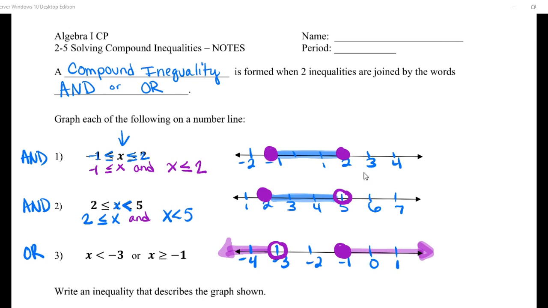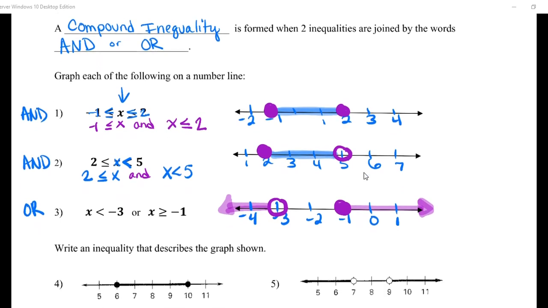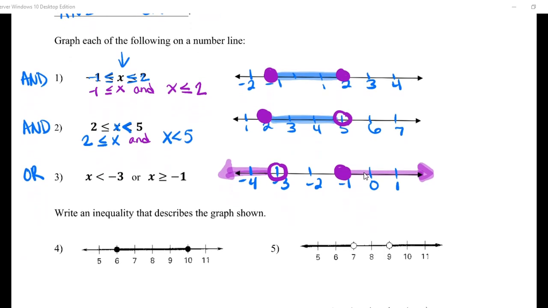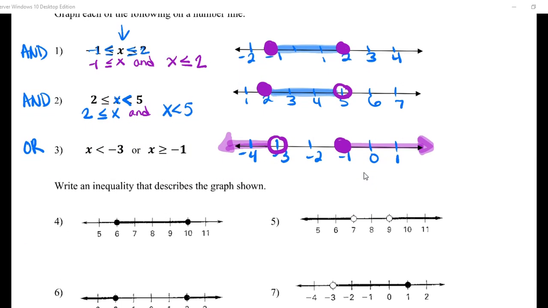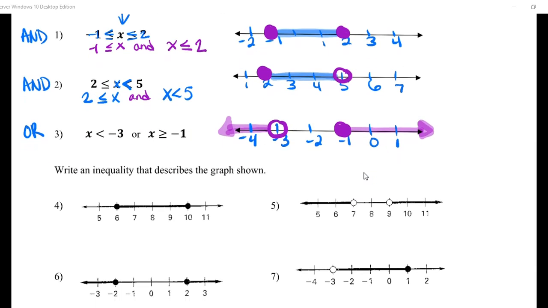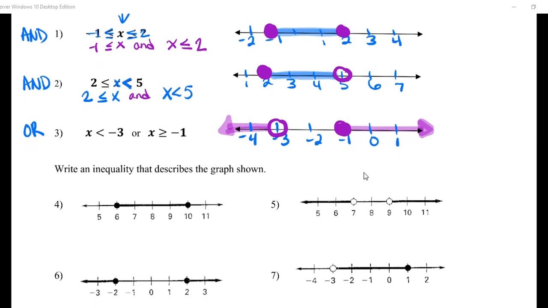All right, let's now use those graphs and write these compound inequalities. So with "and"s, you want to start with the smaller value on the left, the larger value on the right, put x in the middle, and then fill in the inequality symbols.